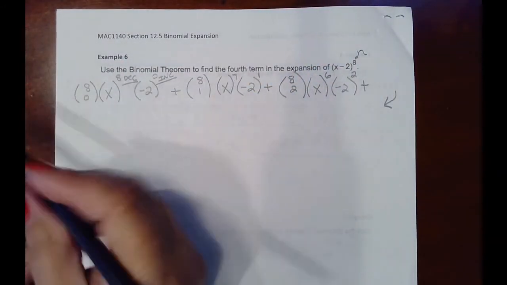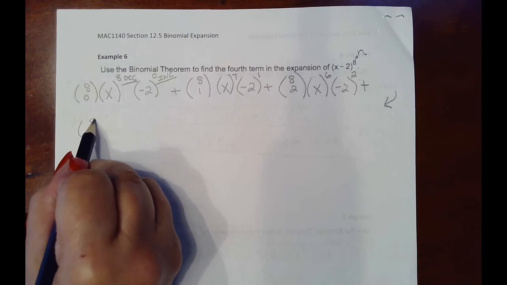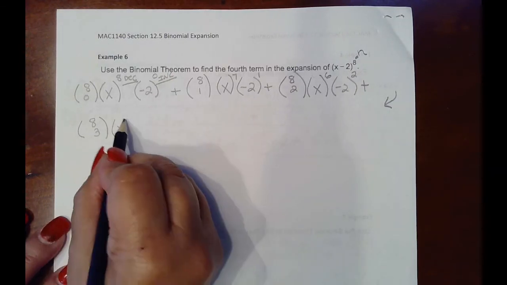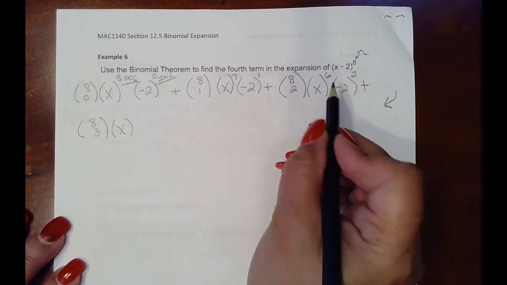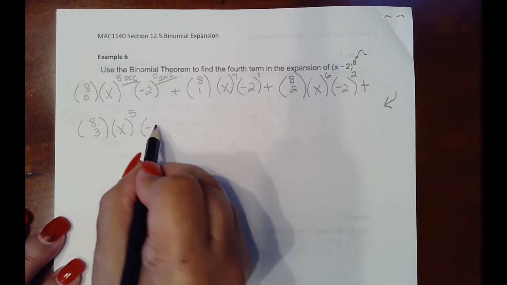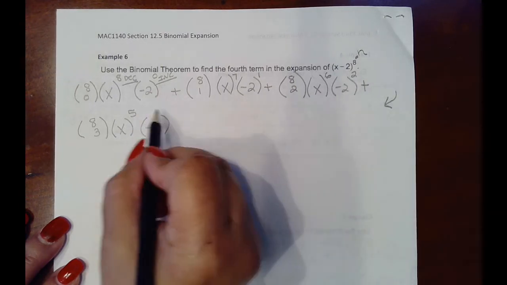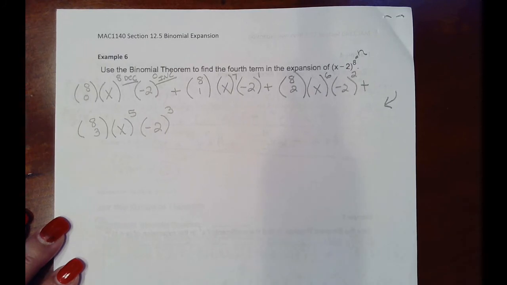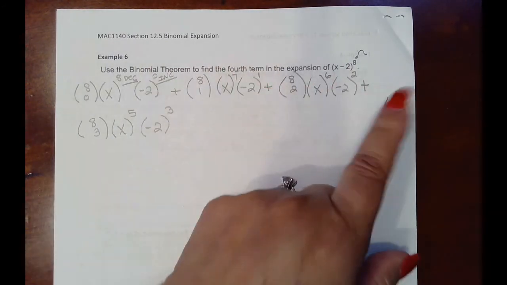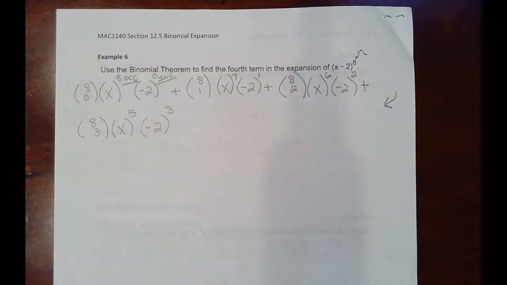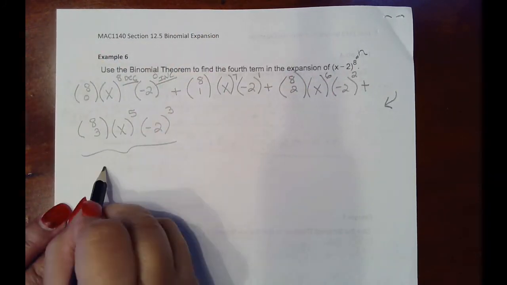So this would be 8 combinations 8 over 3 for the coefficient, and this would be the first term of the binomial that is going down in its power, whereas the -2, that power is going up. Okay, let's make sure we have all this right. 0, 1, 2, 3 on that back term, 8, 7, 6, 5, and this is the fourth term.